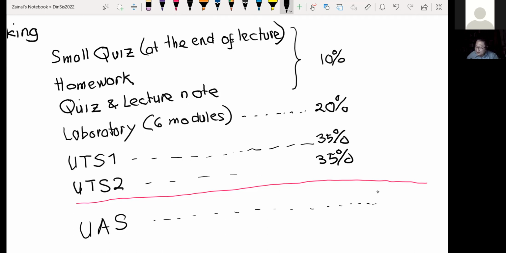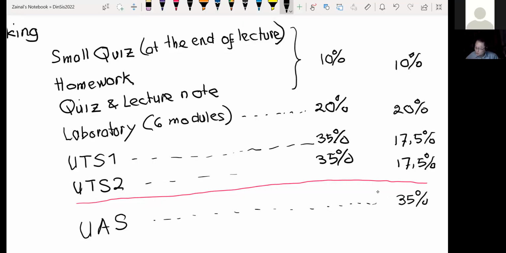If you attend final exam, then this one will be 30 and still 10%. So this one total 100%. This one is also 100%.